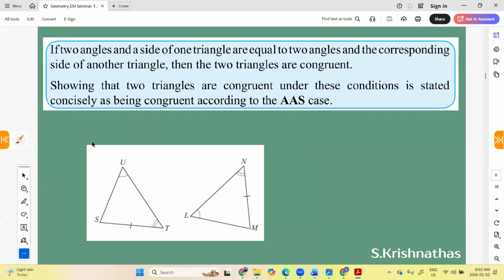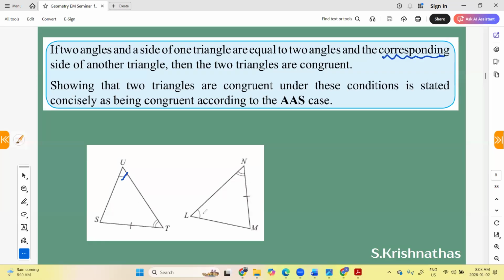Right. If two angles and the side of one triangle are equal to two angles and the corresponding side of another triangle, then the two triangles are congruent. Okay. Students, here also you have to underline the word corresponding. Two angles equal.